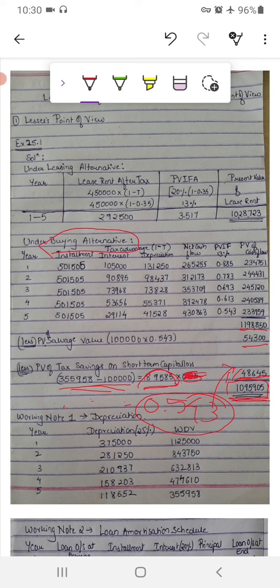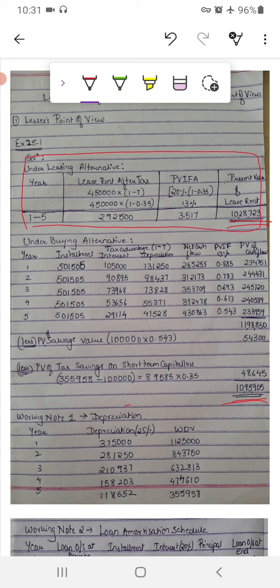So if you compare, under the leasing alternative, your present value is 10,28,723. Under the buying alternative, your cost is 10,95,905. So if you see here, leasing is much cheaper because it is 10,28,000 compared to buying, which comes to 10,95,000. So in this particular problem, you will go for the leasing alternative because the cost is less.